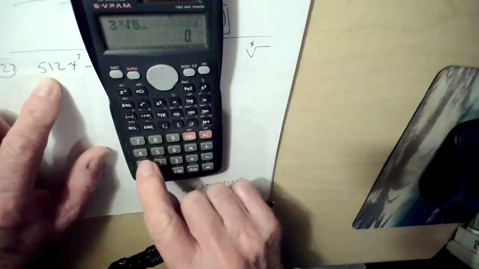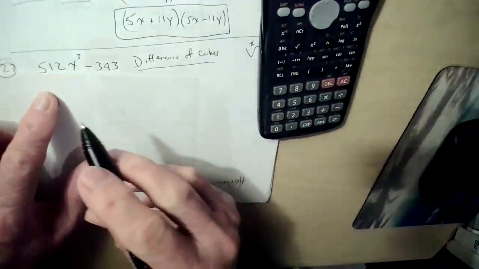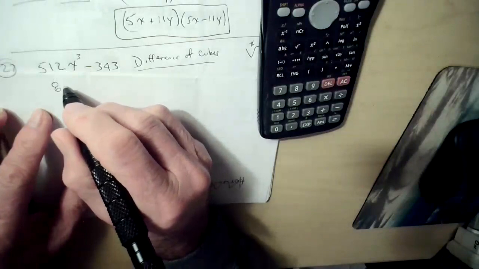We want the cube root, so 3, and then hit this, 512. The cube root of 512 is 8.